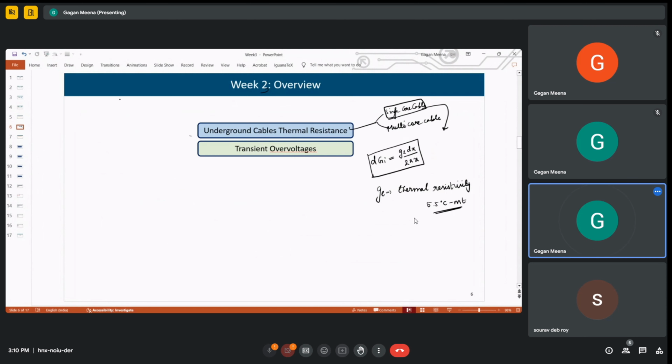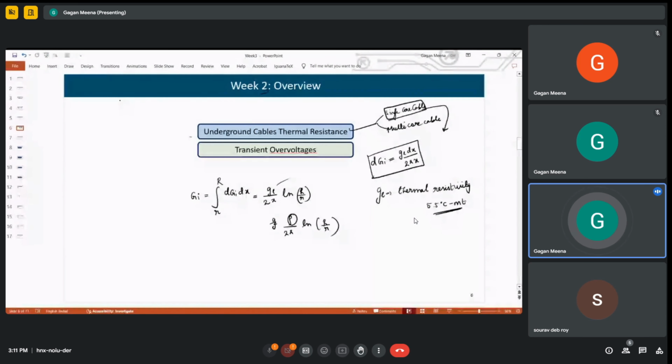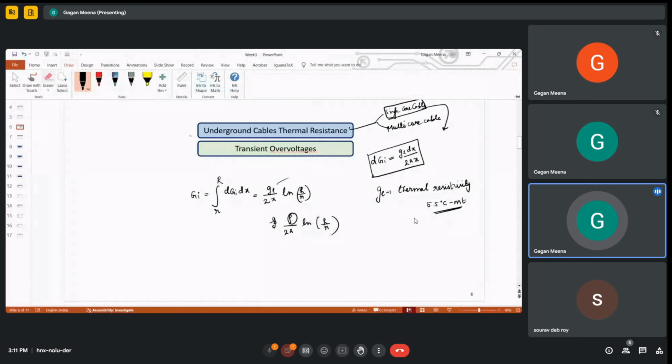So to find out the thermal resistance, we will integrate dGI with respect to x from the inner radius to the outer radius, and then you can find GL upon 2 pi ln R2 by R1. For insulation resistance, instead of GL, it was rho by 2 pi ln R2 by R1. Here rho is replaced by the thermal resistivity instead of the electrical resistivity. That is the only difference here.